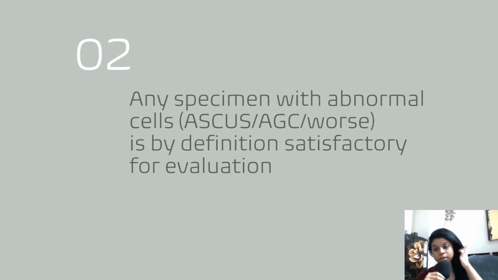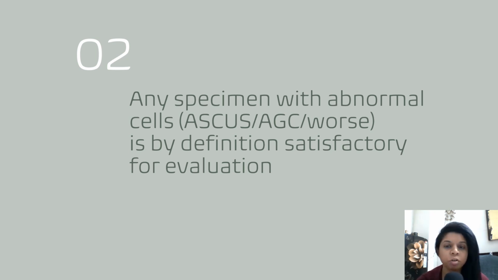This line is important: any specimen with abnormal cells, that can be atypical squamous cells of undetermined significance or atypical glandular cells, or worse, meaning you are getting LSIL, HSIL, etc., then by definition they are satisfactory for evaluation. That is why I said the obscuring factor is there, but there shouldn't be abnormal cells among the visualized cells.